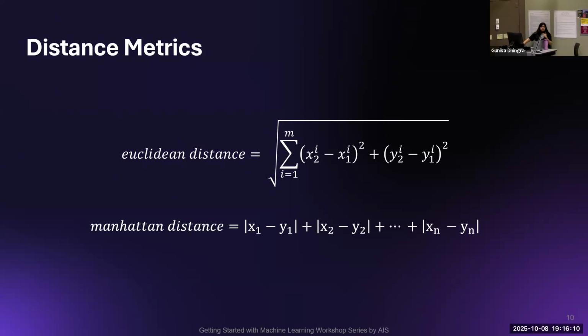Euclidean distance is something you must have seen in previous sessions as well. It is basically the straight line distance between the points and the centroids, and it is very popular in unsupervised learning algorithms. The next is Manhattan distance, which is the sum of the absolute differences between the centroid and the data points. So these distance metrics are utilized to assign centroids to each data point in the space that we're talking about.